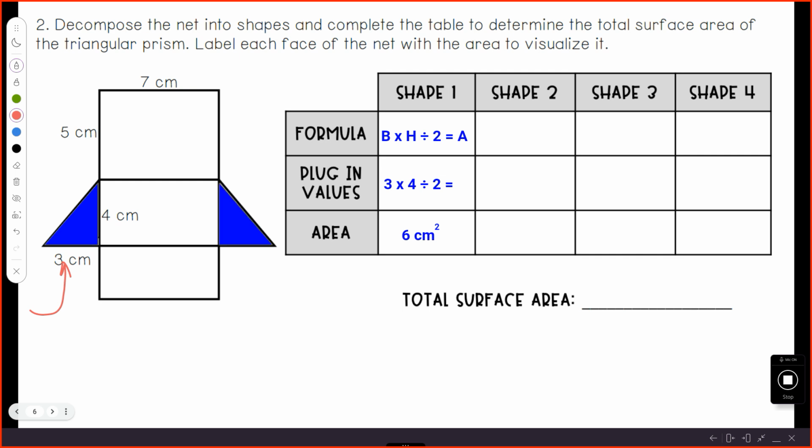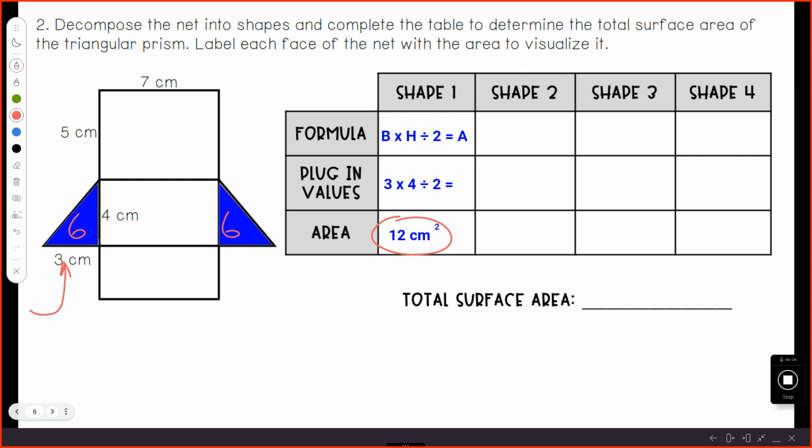However, we have another triangle. So if this one's 6, we also need to include this one, and therefore it's technically 12 centimeters squared for the triangles combined.